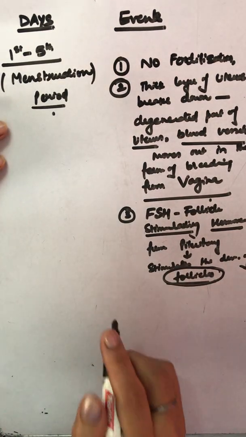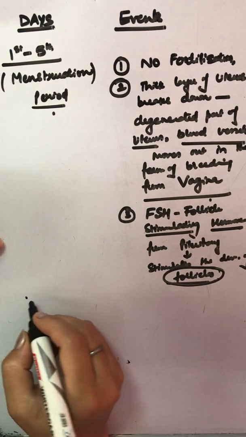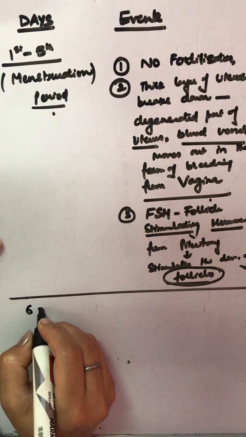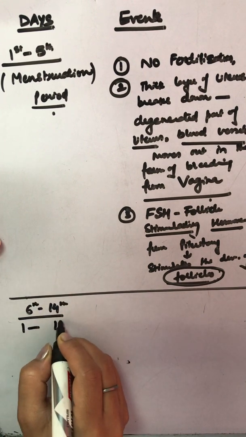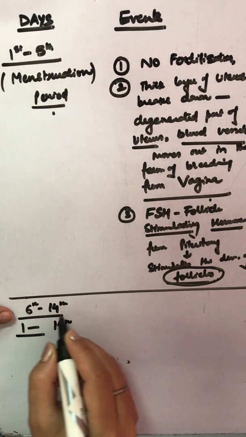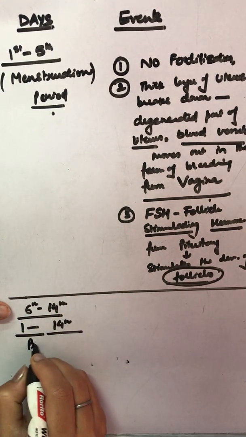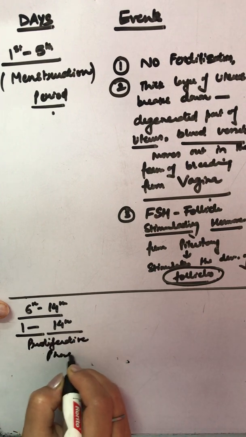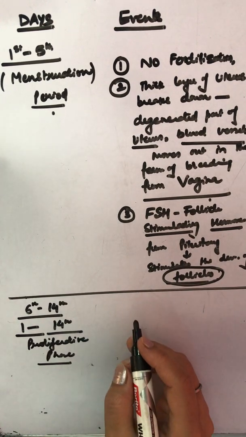Then moving to the proliferative period. What happens in this proliferative period? Next the days are 6 to 14. Basically when we write 6 to 14 day, it's from 1st to 14th only, because 1st to 5th is menstruation period taking place and from 6th onwards this process quickly begins. And we call it proliferative phase, where the follicle development takes place.